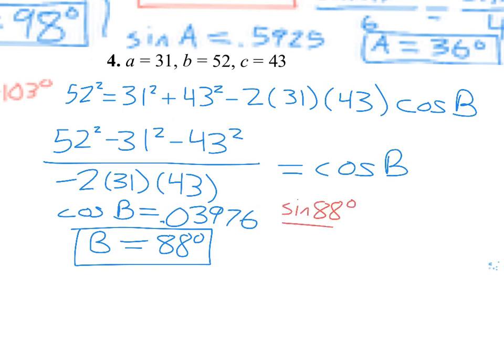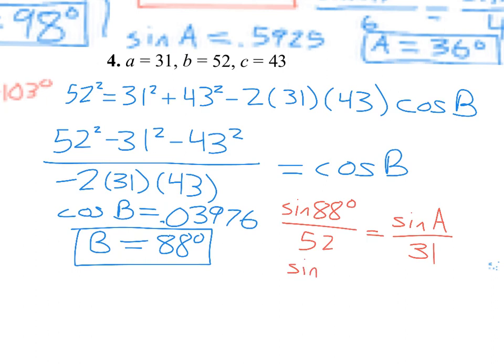Sine of 88 degrees. And again, I'm not going to use 88. I'm going to use the entire decimal that I have on my calculator. Sine of 88 over 52 equals sine of A over 31. Multiply 31 times sine 88 and divide by 52.